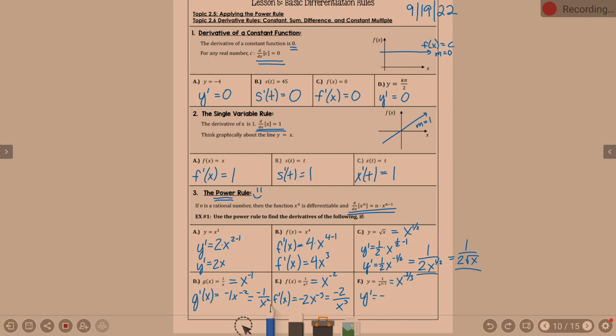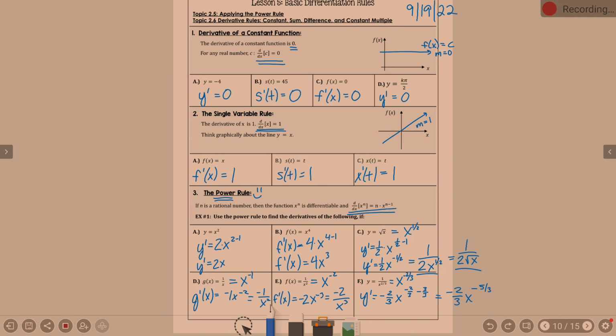Out front is -2/3, x to the, now we're doing -2/3 minus 1. What is 1 in this instance? 3/3. So this is going to be -2/3 x to the -5/3.